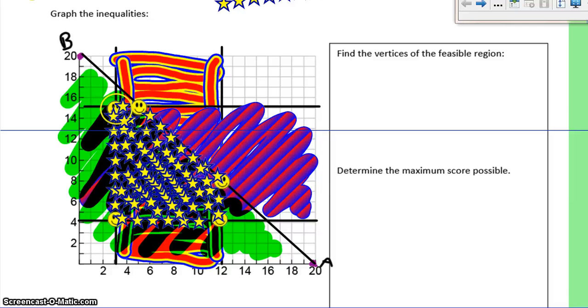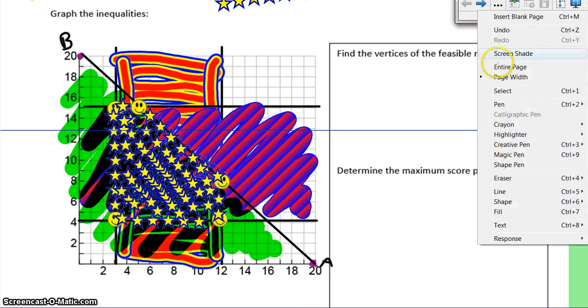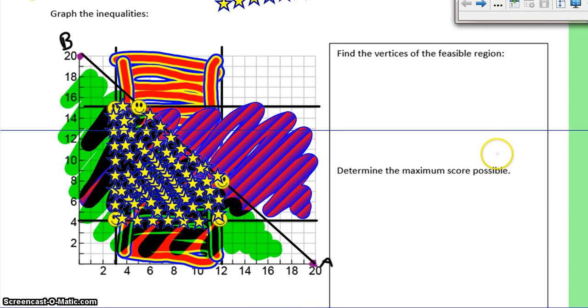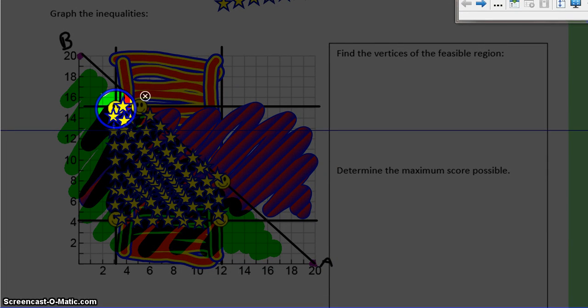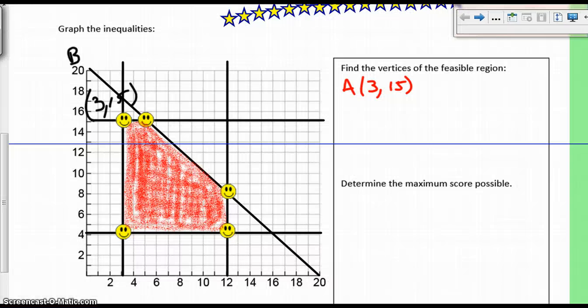Find what the ordered pair is for this point right here on the upper left. So what is that ordered pair right there? Go ahead and take a minute and see if you can find that out. So hopefully you realize that the intersection point for this first smiley face is at the intersection of this vertical line x equals 3 and the horizontal line y equals 15, therefore making the intersection point the ordered pair 3, 15.